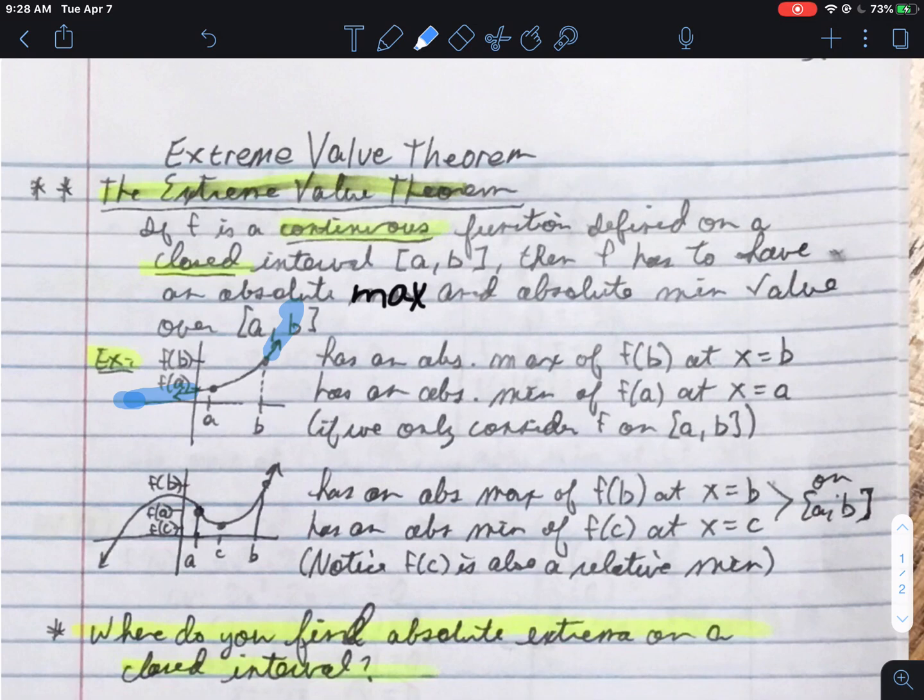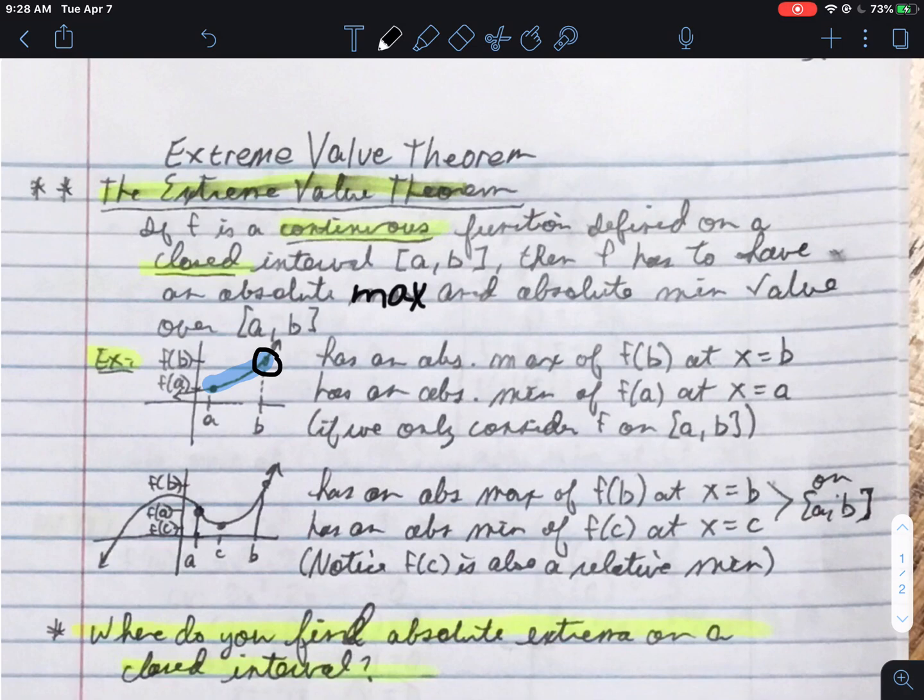It never hits a smallest value. So there is no absolute max, there is no absolute min. What if instead of looking at the entire function, though, we only look at this function over the interval from A to B? On that interval, the function does have an absolute maximum value. It's right here at B.